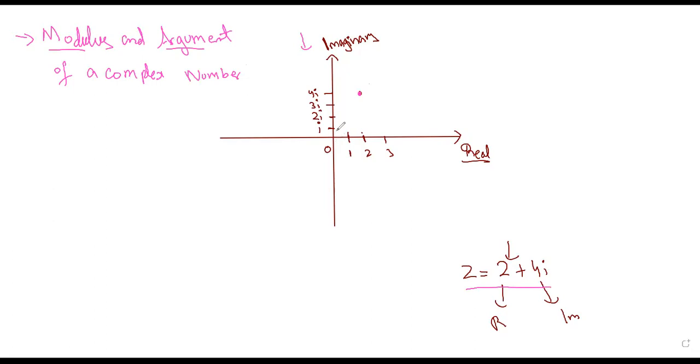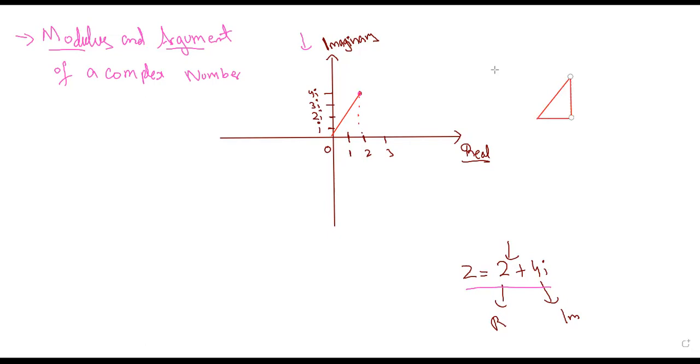Now if I say that modulus is basically the distance from origin to this point, so how are you going to find this distance? If we talk about simple maths, how are we going to do that? So if I think of it as a triangle, right? If I draw this triangle here again, with this side, and then we have this x-axis side, and then the y-axis side, right?